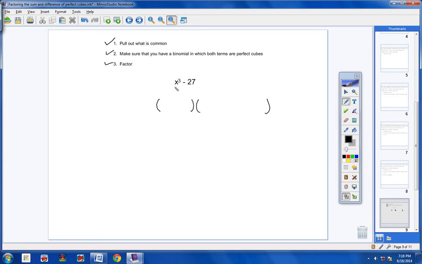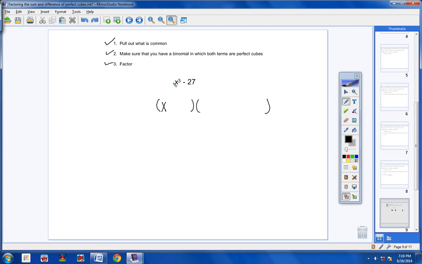Next, in your head, you take the cubed root of this term, and the cubed root of x cubed is x, so you put that x right here. Take some really good notes on that and write down some side notes so you know what to do later on your own. In your head, you take the cubed root of this term.